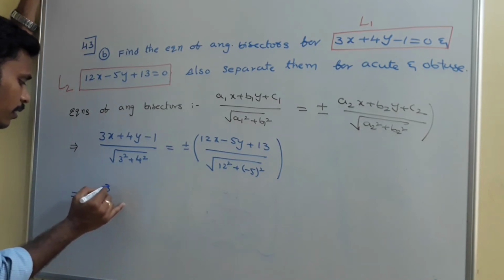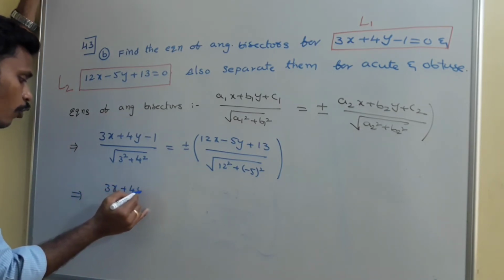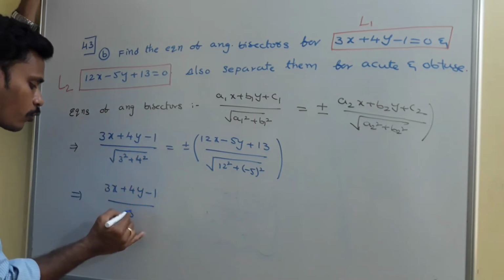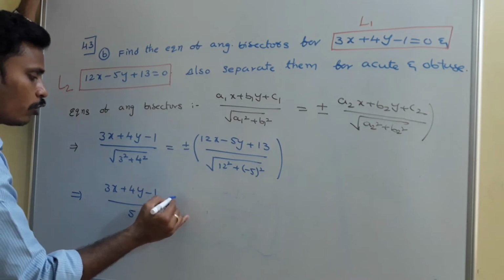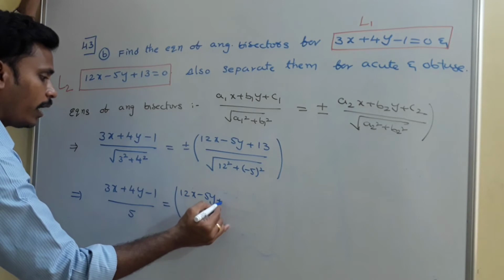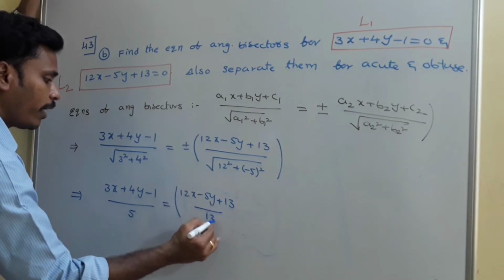So 3x plus 4y minus 1 divided by root of 3 square plus 4 square, which is 5, equals, with plus sign, 12x minus 5y plus 13 divided by 13.